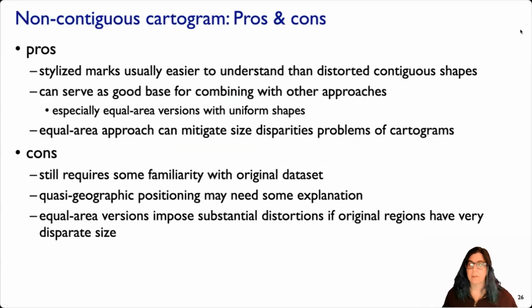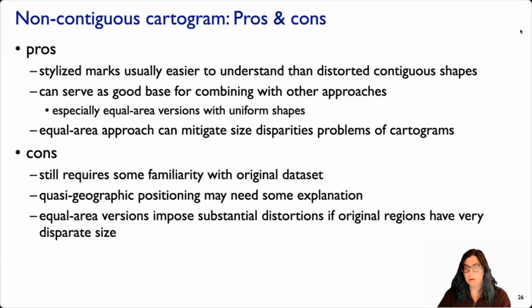Now, for the non-contiguous cartograms, well, the good thing is people have an easier time understanding them. These stylized marks are typically a lot easier to understand than the distorted shapes that nevertheless still touch. And these can be a really good base for combining. The equal area versions that have those uniform shapes and uniform sizes can be particularly easy to work with.